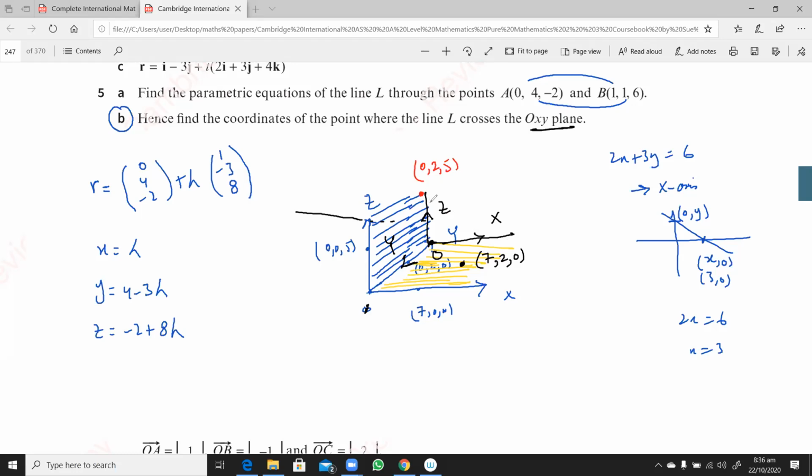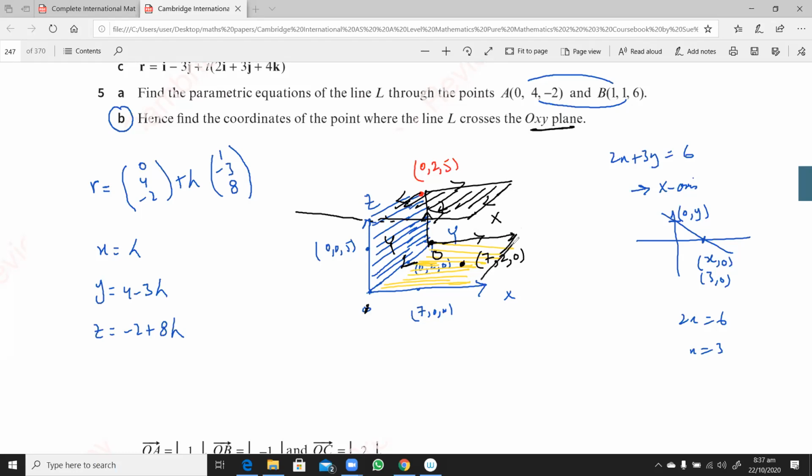The ceiling is again going to be an xy plane. This is your x direction, and this one is your y direction. But since we're determining the height from this origin, this will have a z coordinate.